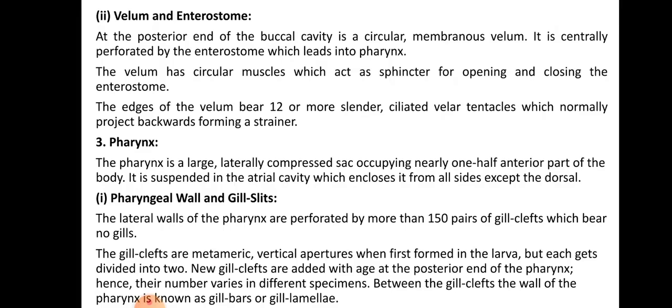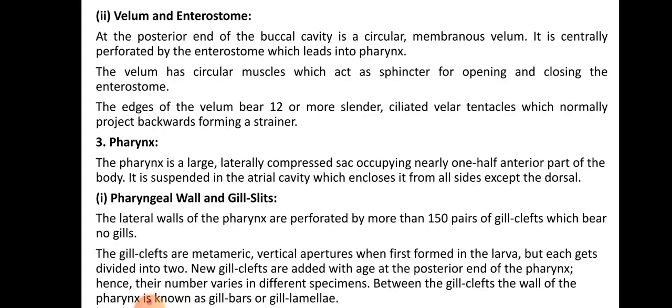Now let's learn about the pharyngeal wall and gill slits. The lateral walls of the pharynx are perforated by 150 to 200 pairs of closely and obliquely set narrow and vertical openings called branchial apertures, also called gill clefts or gill slits, through which the pharyngeal cavity communicates with the atrial cavity.